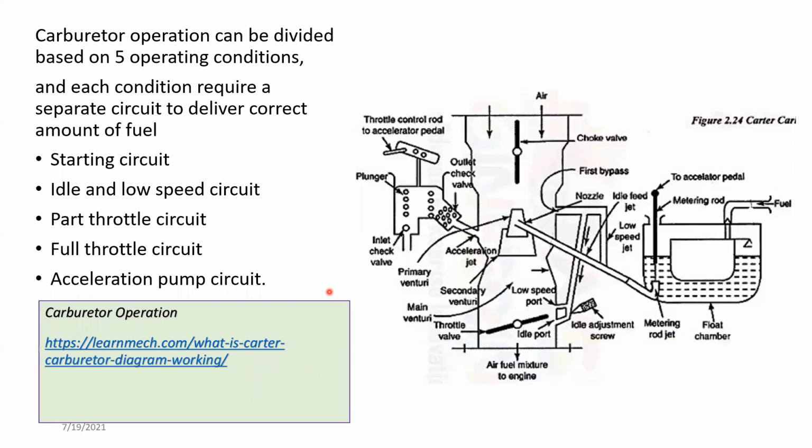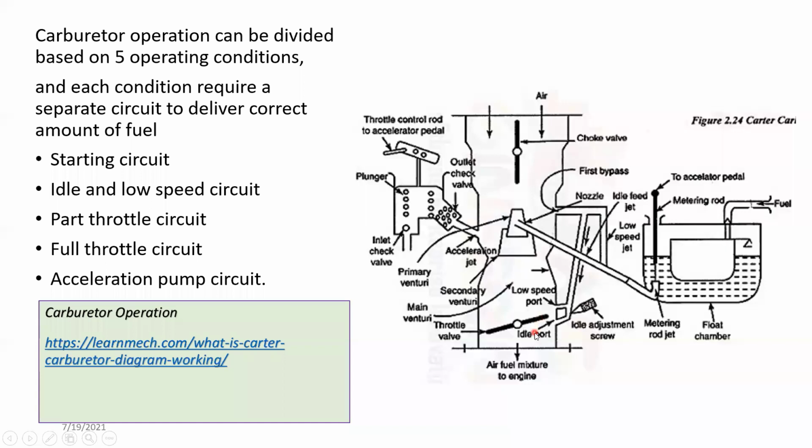The problem here is that the fuel is delivered to this venturi over here. Based on how much this throttle valve opens, the vacuum inside changes, and based on that, the fuel has to be controlled.